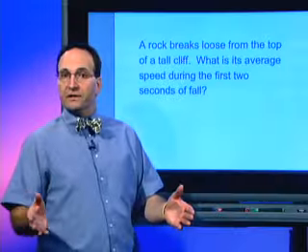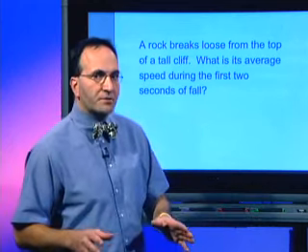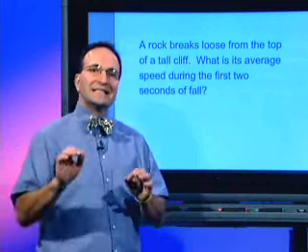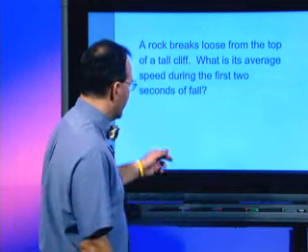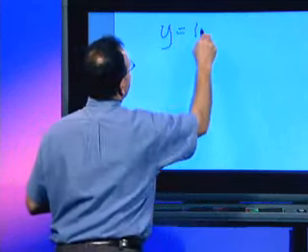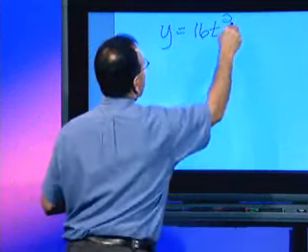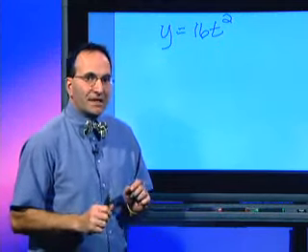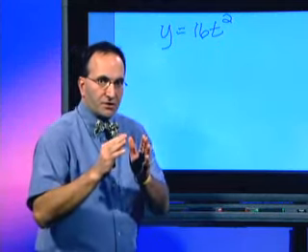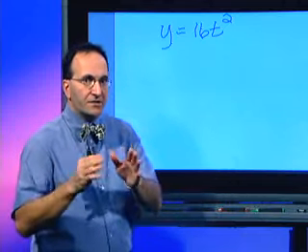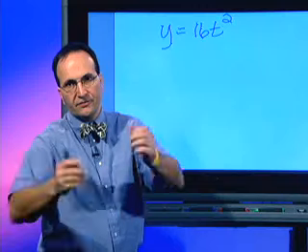The equation for the free fall of a dense object close to Earth is y equals 16t squared. Now, what we need is the distance, which is the change in y, delta y, covered in the change in t, delta t, or in this case, 2 seconds.